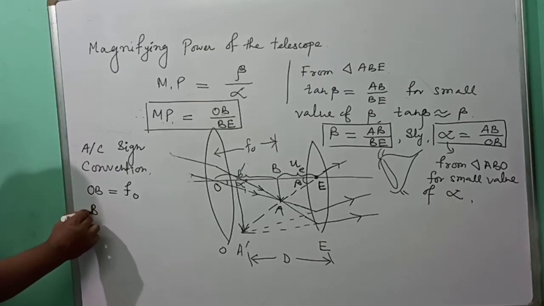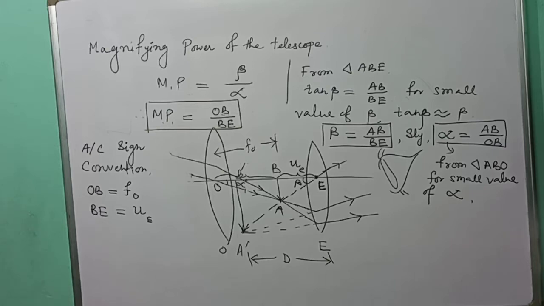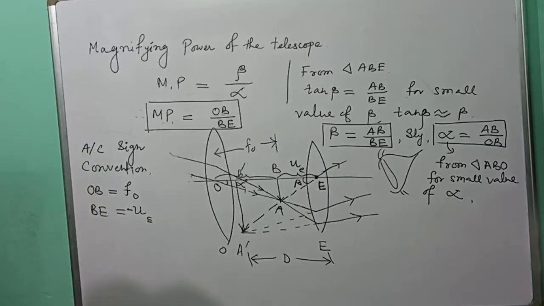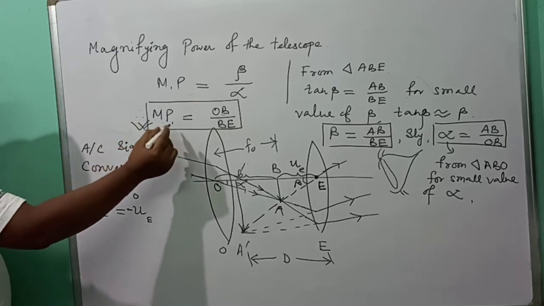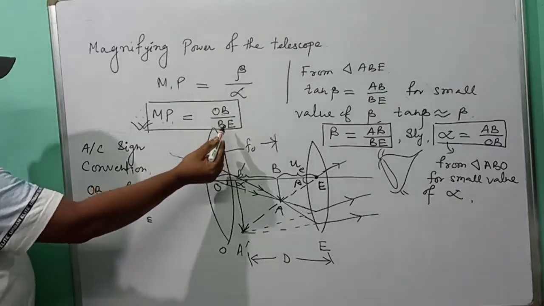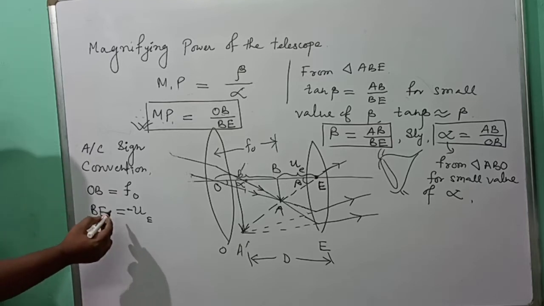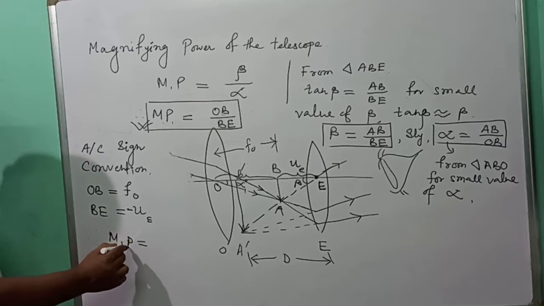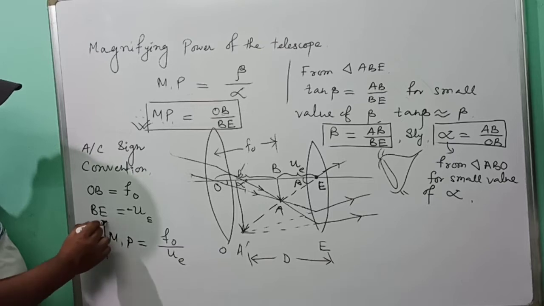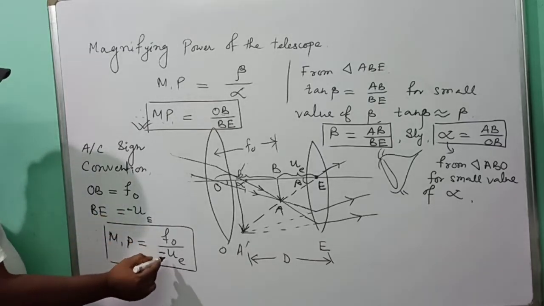BE is the object distance for the eyepiece lens, and according to sign convention it will be negative. Therefore we replace OB by F naught and BE by UE, so the final magnifying power will be minus F naught by UE.